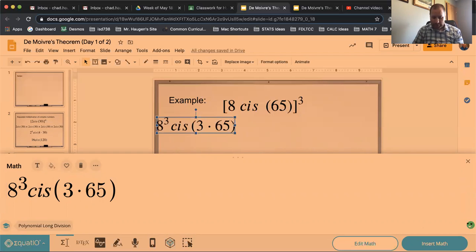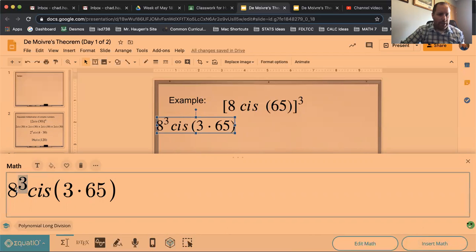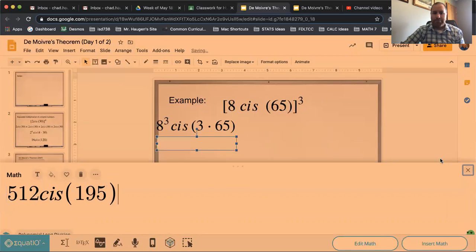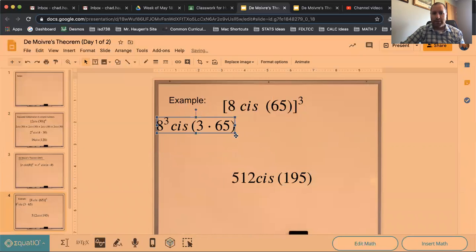I don't remember what 8 to the 3rd is off the top of my head, so I got to double check that. Happens to be 512, and 3 times 65, well, I suppose 3 times 60 is 180. 5 more is 15, so I suppose that's 195 degrees in there, and then we're done. That's all there is to it, nothing too much.